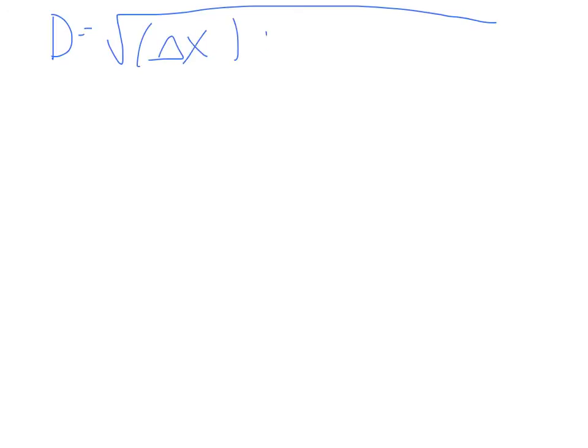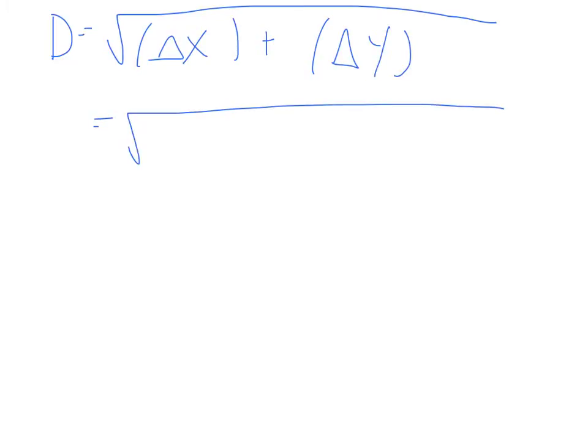In step 3, you can find the distance between the two, so you have to use the distance formula. Do the change in your x plus the change in your y. And you can plug in your points. Oh, don't forget to square them.